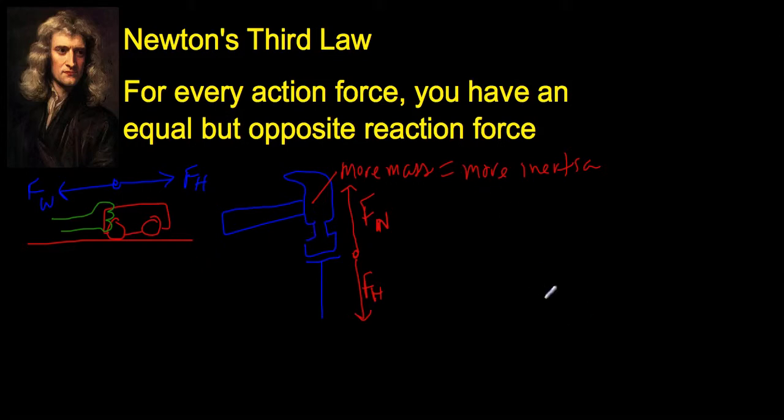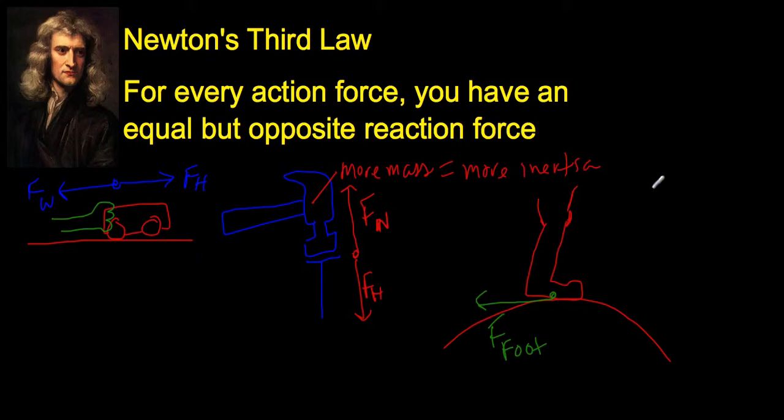Another way of looking at this is somebody that is walking. If this is an arc of the earth here, and this is somebody's foot, and this is going to be a little ugly, so bear with me here. Somebody's knee, whatever. But when you walk, the direction you push is backwards. This would be the force of your foot. But you want to go forwards.